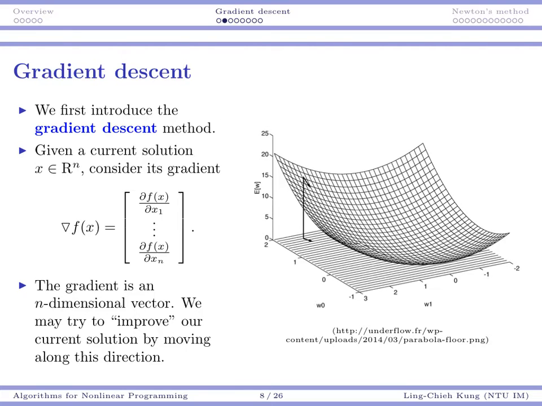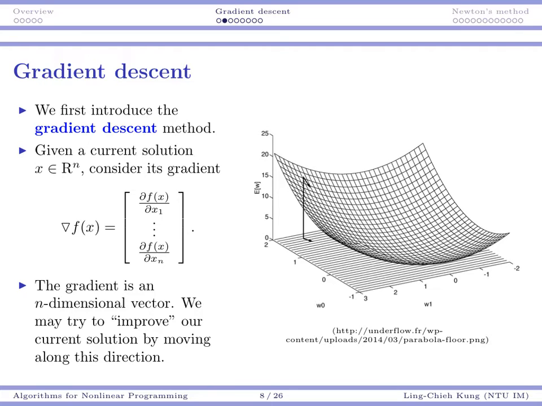So consider this. We are talking about an n-dimensional optimization problem. For example, in this graph, we are talking about a two-dimensional optimization problem. The feasible region is a two-dimensional plane, and we move on that feasible region, along some two-dimensional vectors.